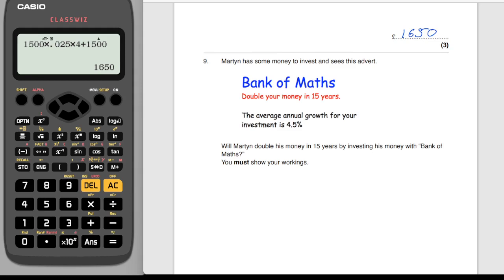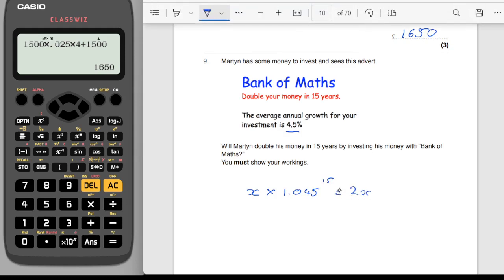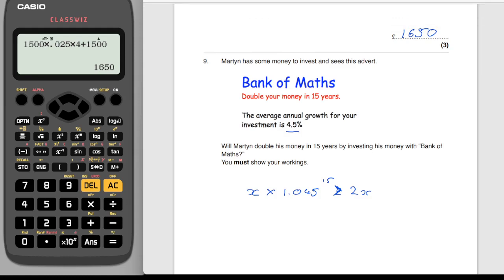So, in theory, what we want to know is whether the initial investment times by 1.045 to the power of 15 is bigger than 2x. That would imply that the money has been doubled. So we need x times by 1.045 to the power of 15 to be greater than 2 lots of the initial investment.